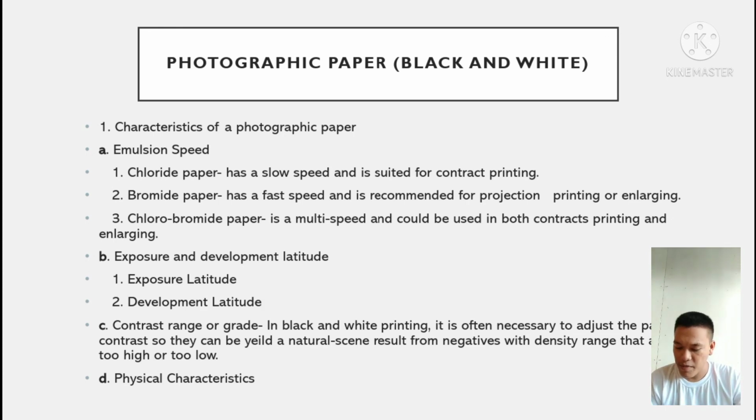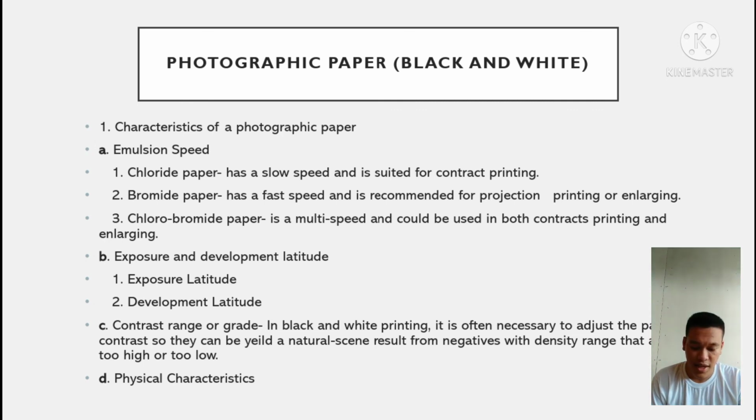While bromide paper has a fast speed and is recommended for projection printing or enlarging. Bromide papers with silver bromide emulsions are sensitive and produce neutral black or cold blue-black image tones, suitable for enlargement.